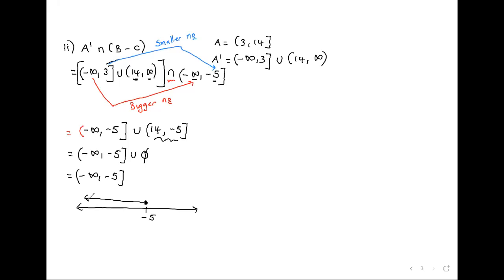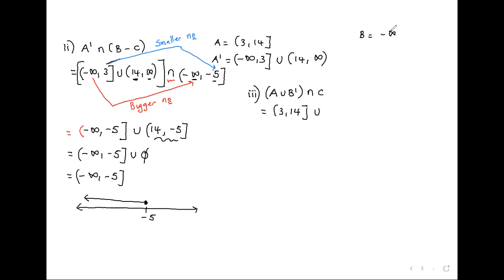So you go to part 3. I'll do it from here so that we can have an easy view. A union B complement intersection C. So we have A, it's 3 to 14. Union B complement, what is B?